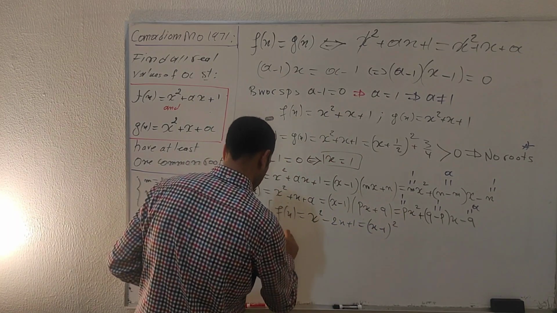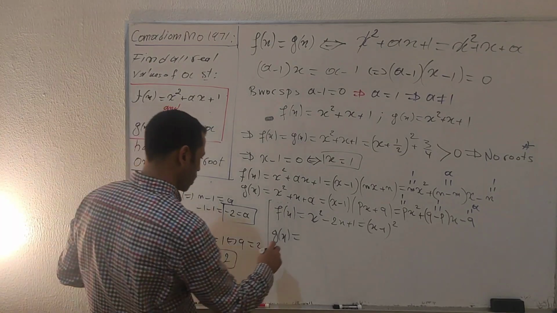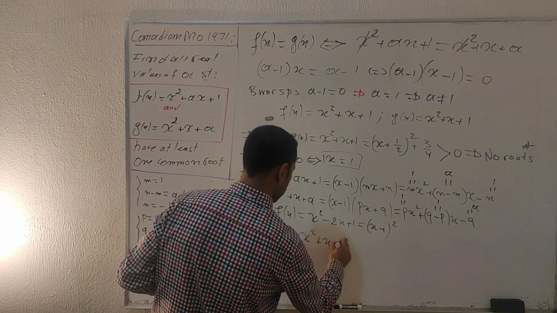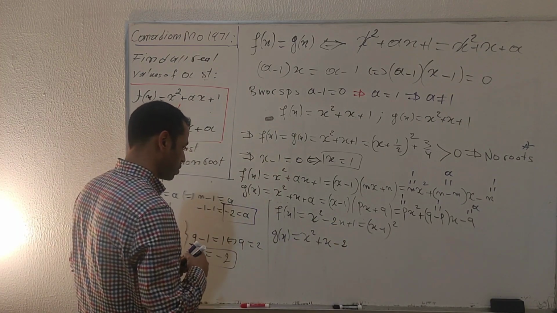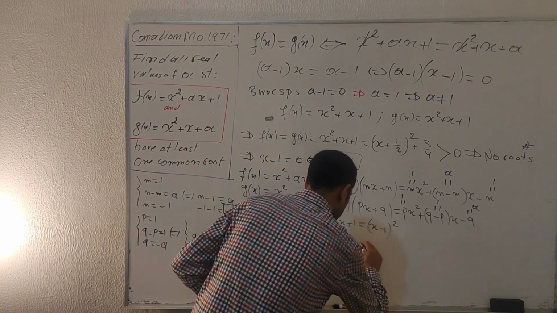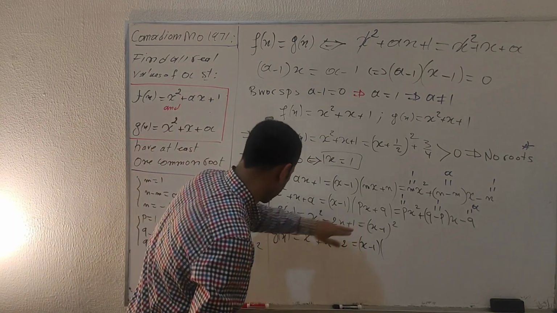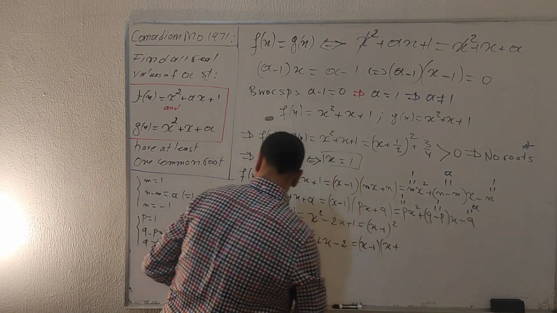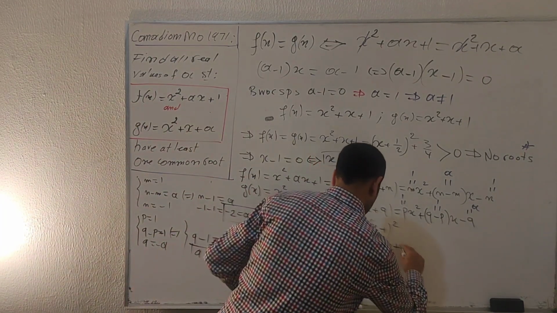For the second function, g of x, by replacing a with minus 2, I get x squared plus x minus 2. So we'll get x minus 1 here as a common factor. p will be replaced with 1, which gives x, and q will be replaced with 2, so we'll get 2 here.